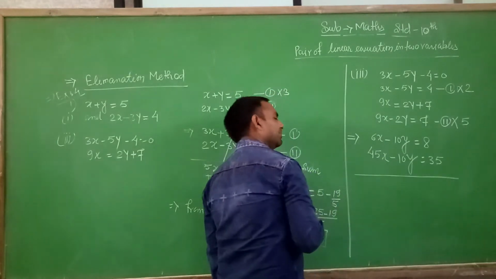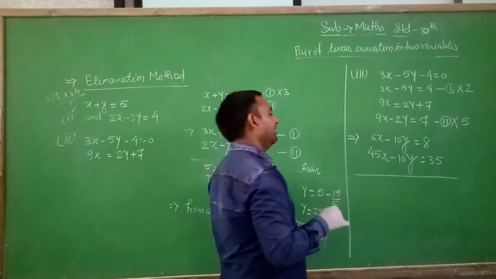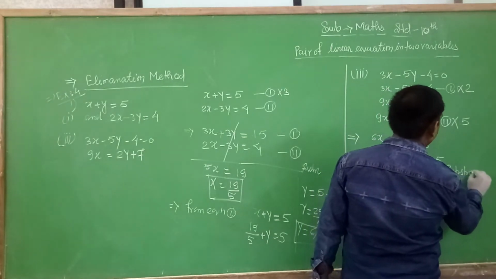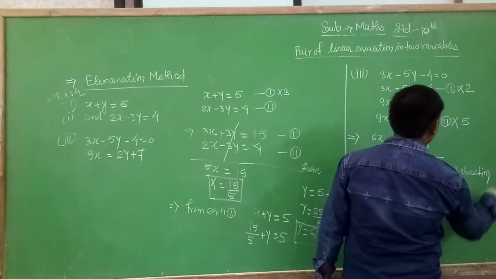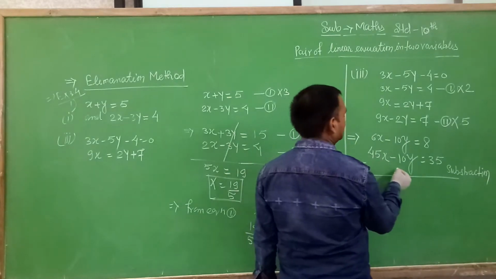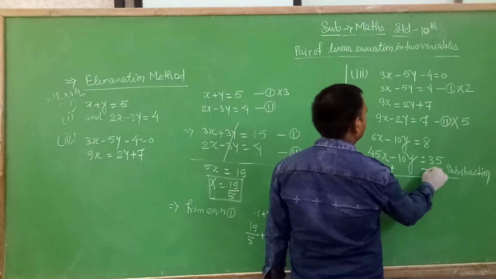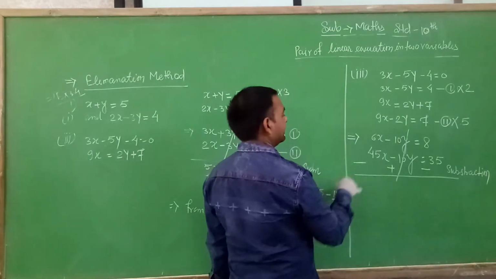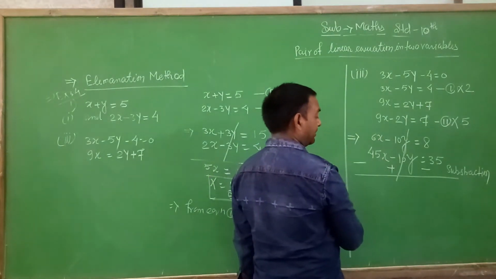Here the signs are the same, so we do the subtraction. Here you see the signs will be changed. This is negative, positive, this is negative. So 10y is cancelled with 10y. This is 6x and this is 45x.